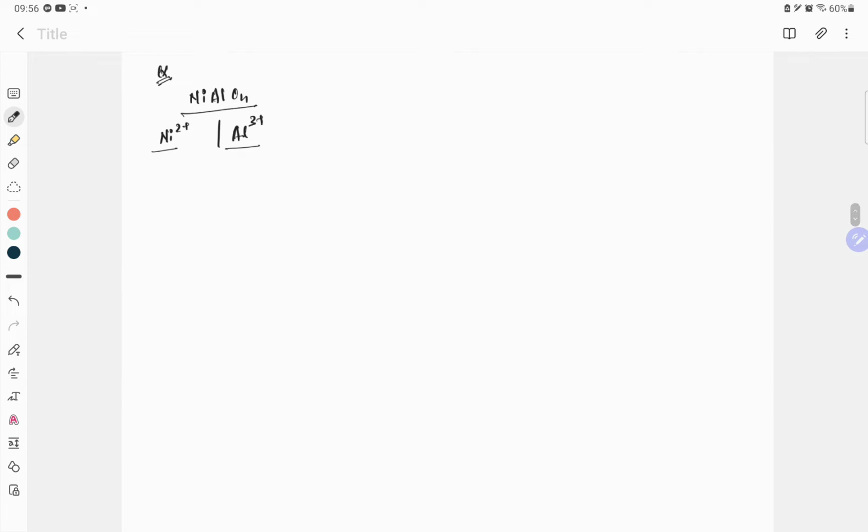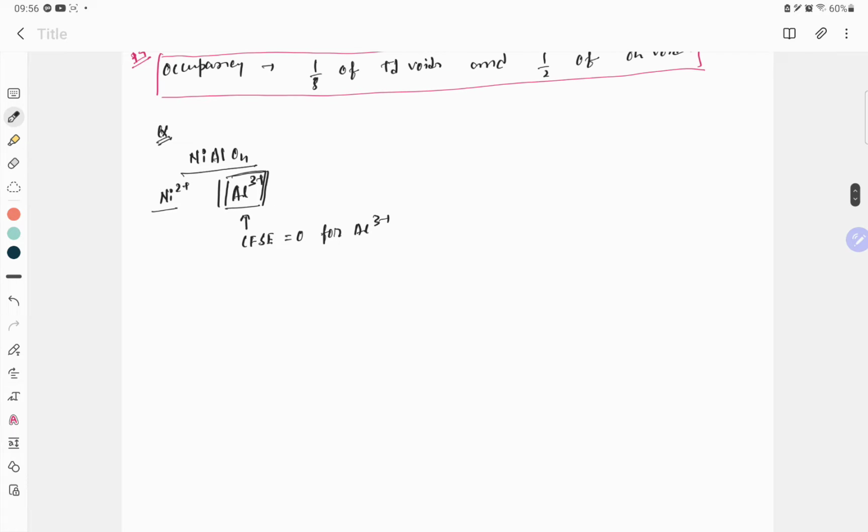So we have to calculate the CFSE, crystal field stabilization energy. We know that for p block elements or s block elements there is no CFSE. Hence CFSE is equal to 0 for Al3+.